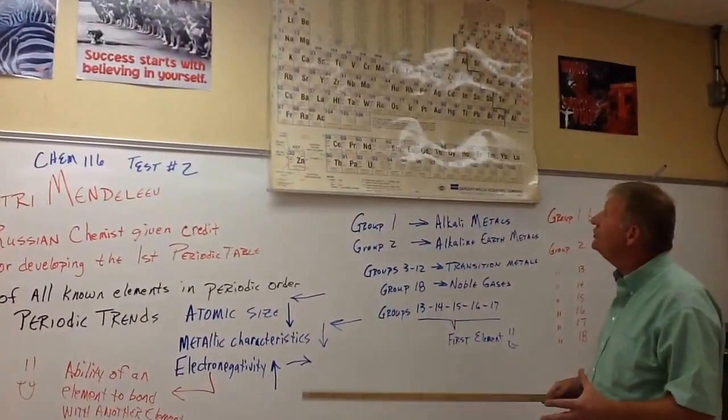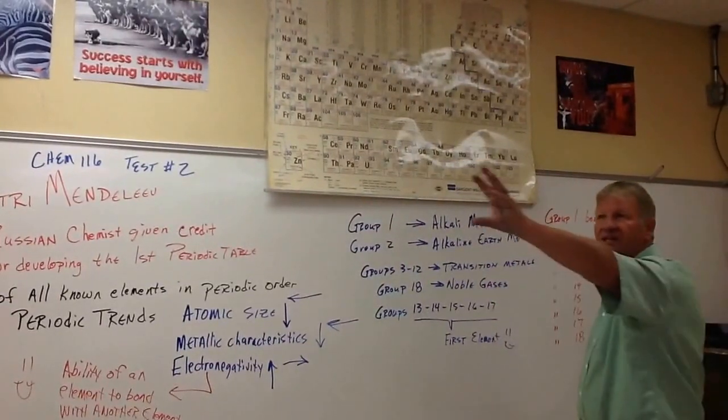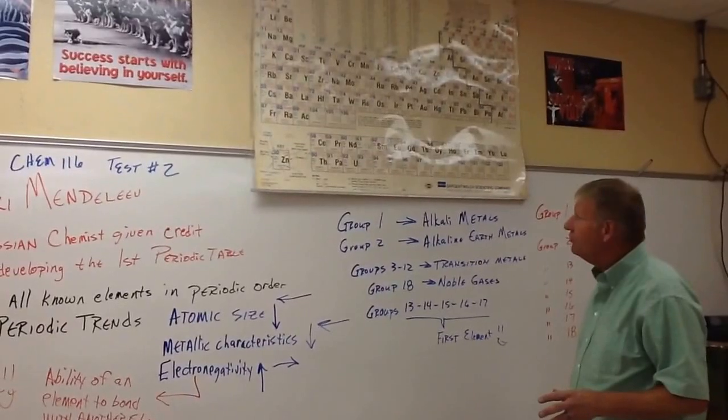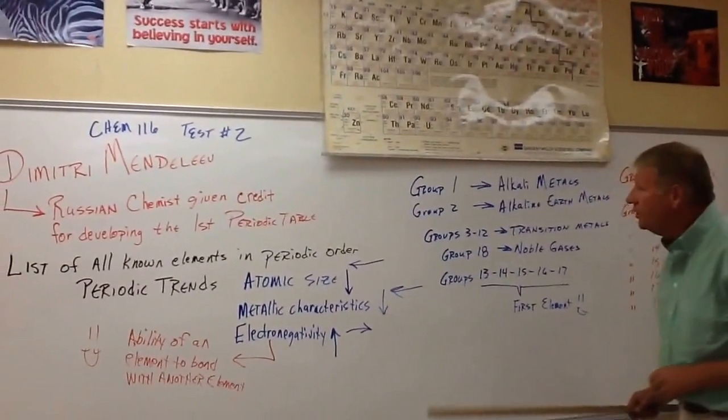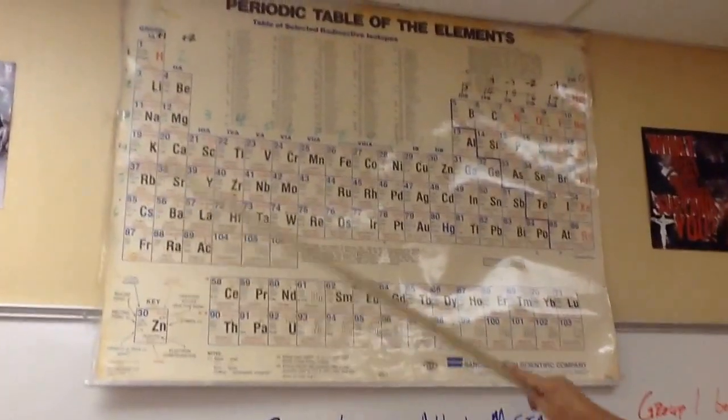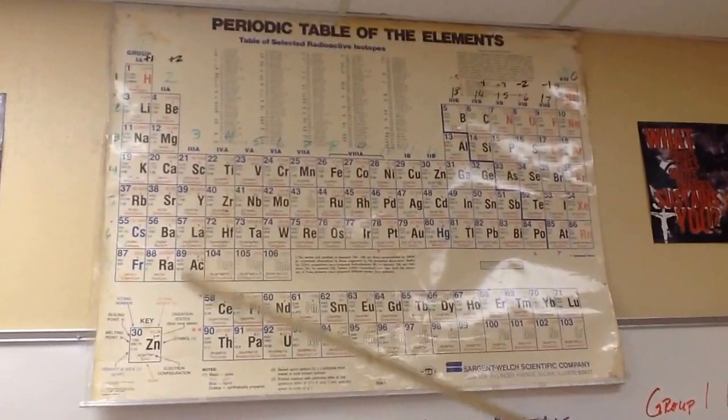Even though he just had a few elements, he was able to say, these have this in common, these have this in common. Here's what he did, and here's what we kept with the periodic table. You'll need to know this for your test too: groups run from top to bottom.